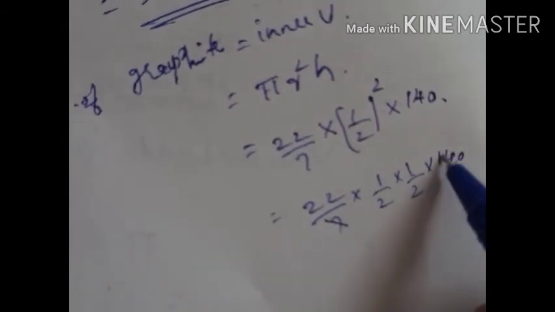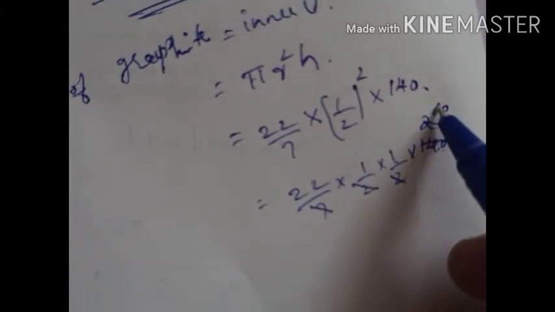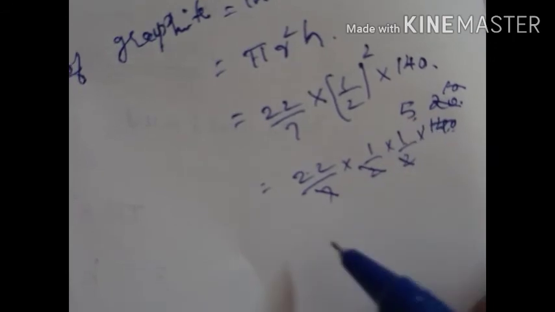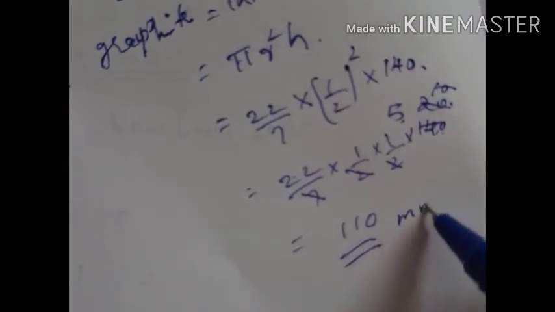Then this 7 and this 140, 20 sevens are 140. Then into 10, 2 twos are... 2 twos are 20, then into 5, 2 twos are 10. Then 22 into 5 is the answer. 22 into 5 is 110. So 110 millimeter cube.